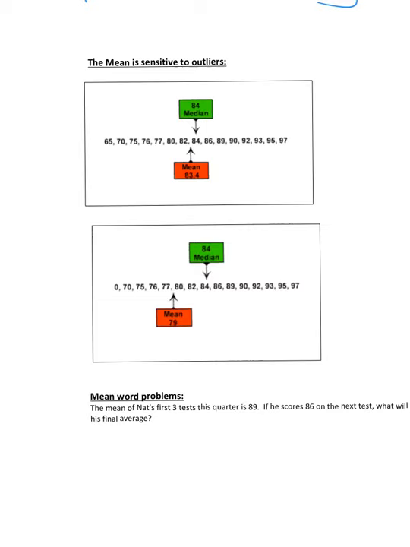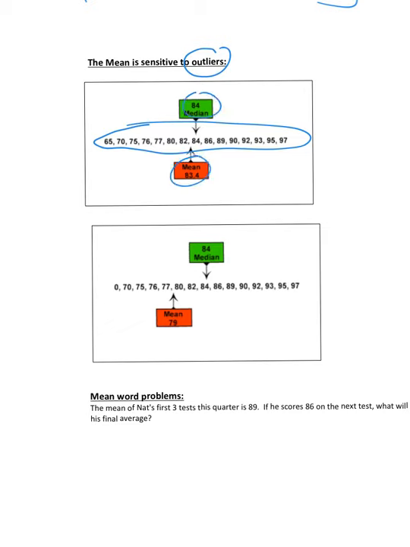Now the mean is, we say, sensitive to outliers. That means that if you have a score that's really, really high or really, really low, which we call an outlier, it will change the mean dramatically, more so than it'll change the median. Okay, so if you look at the first example of a set of test scores, the median is 84, the mean is 83.4.